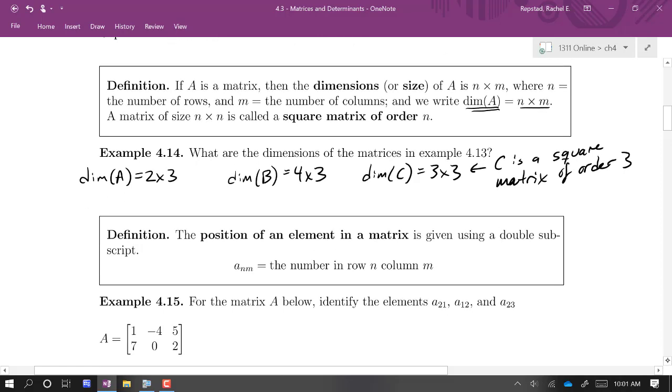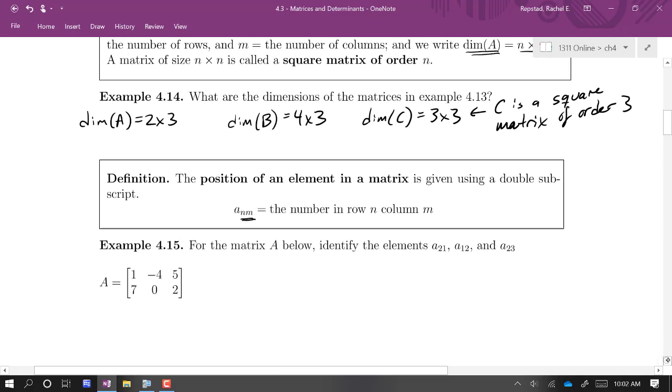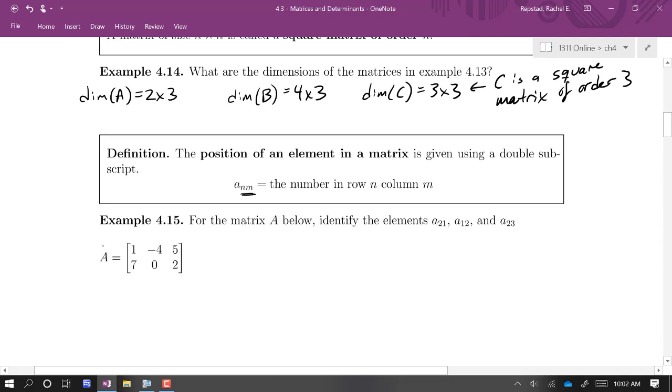The position of an element, an entry, an actual individual number that appears in the matrix, we give that position by using a double subscript. Say little a sub nm, that's the number in row n, column m. Again, it's the row that comes first. So here's a matrix A. It's the same one that we saw above. A21, well, that's the element in row 2, column 1, so that's 7.